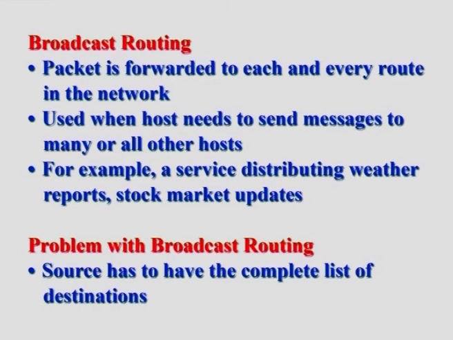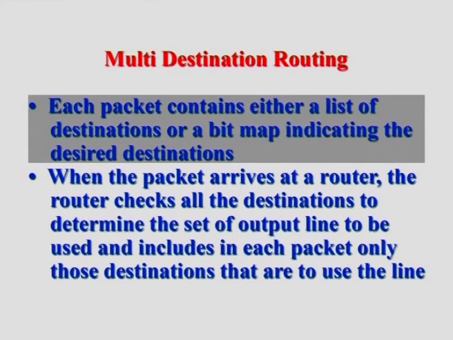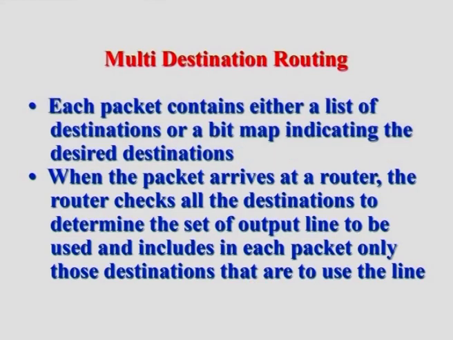Another option is flooding routing. As discussed before, it generates too many packets and consumes too much bandwidth. In another algorithm used for broadcasting, known as multi-destination routing, each packet contains either a list of destinations or a bitmap indicating the desired destinations.